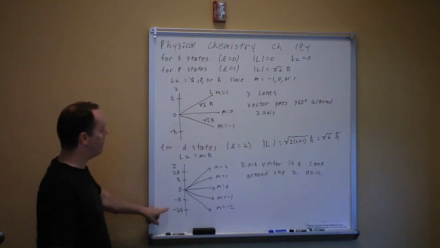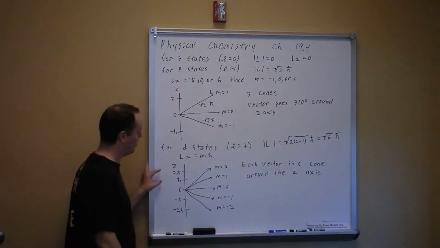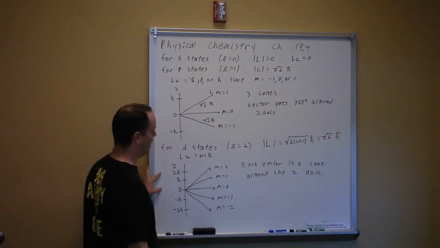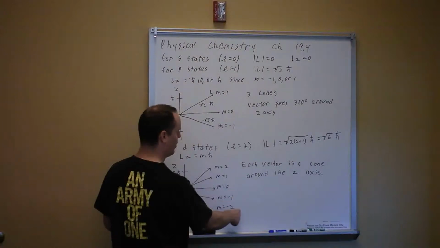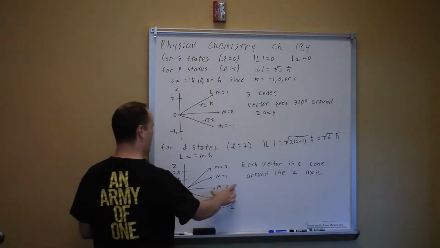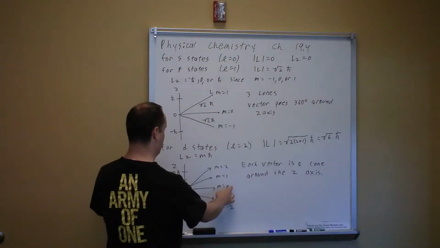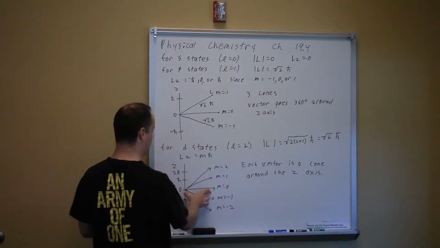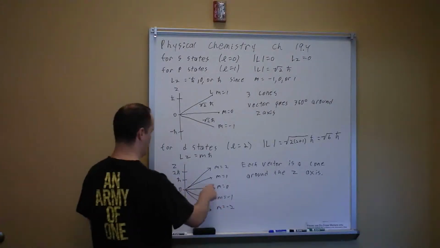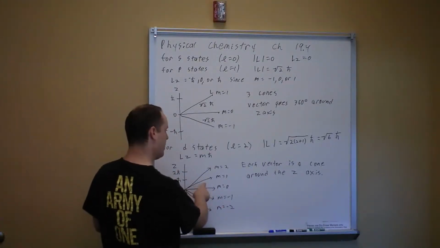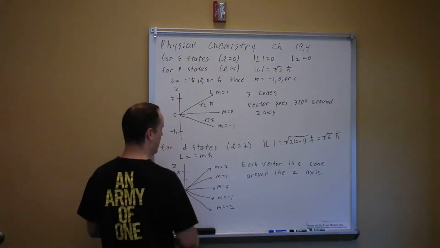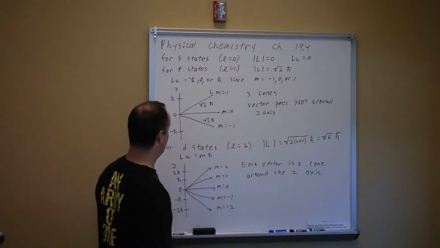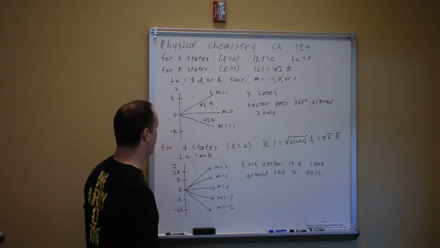Now we have 5 different possibilities for the z component of the angular momentum. m could be 0, 1, 2, minus 1, or minus 2. I didn't find the length of this vector, but whatever the length of these vectors are, that's how much of the angular momentum is going to be in the z-axis.